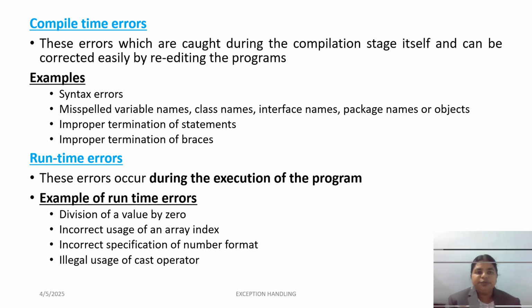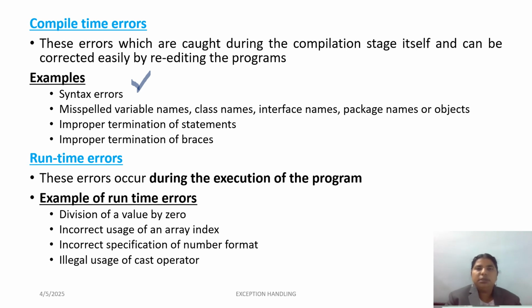Let us now see the difference between compile time errors and runtime errors. The errors which are caught during the compilation stage can be corrected and easily re-edited. Some common reasons for compile time errors include syntax errors, misspelled variable names, class names, interface names, package names, or object names.